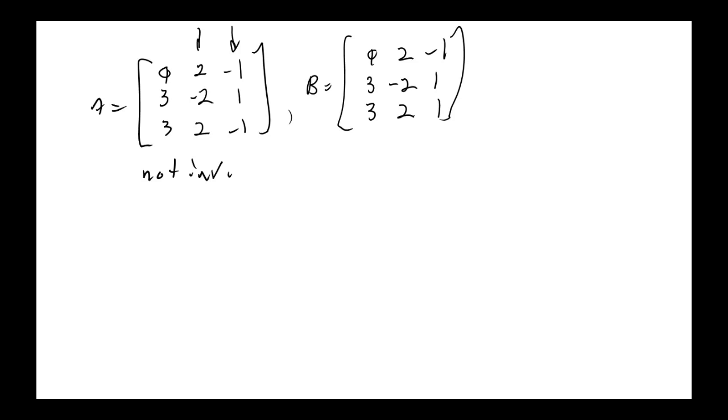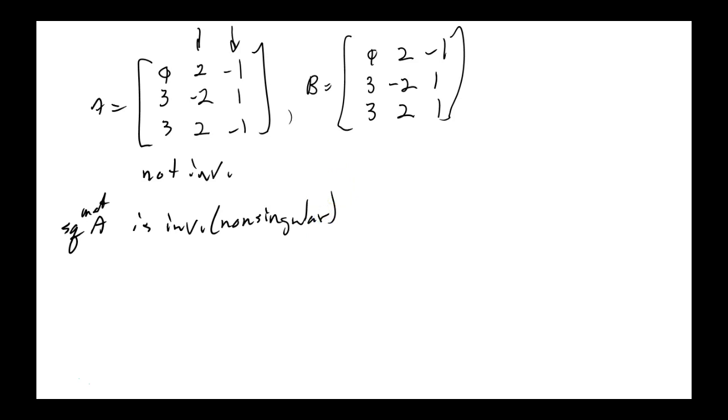And that leads to theorem 3.7. Here's what it says. A square matrix A is invertible, which also means non-singular. One's a positive word, one's a negative word.